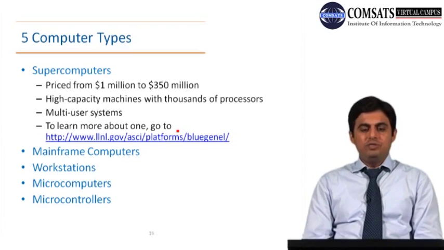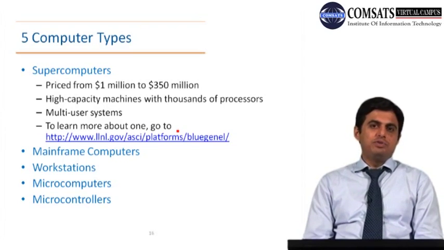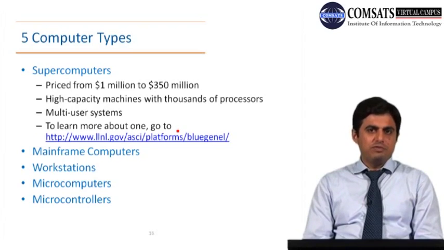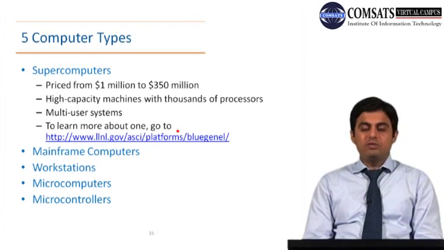And it is also a multi-user system, so there is not only one user sitting on the supercomputer, but it can allow multiple hundreds of users to work on the computer simultaneously. If you want to learn more about it, then there is this website. You can go and learn about the specifications of a supercomputer, and you can also see some images of a supercomputer as well.